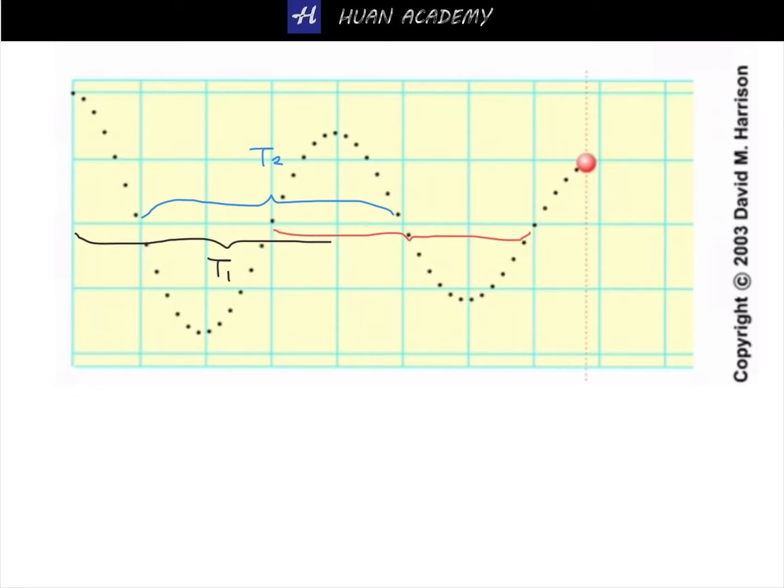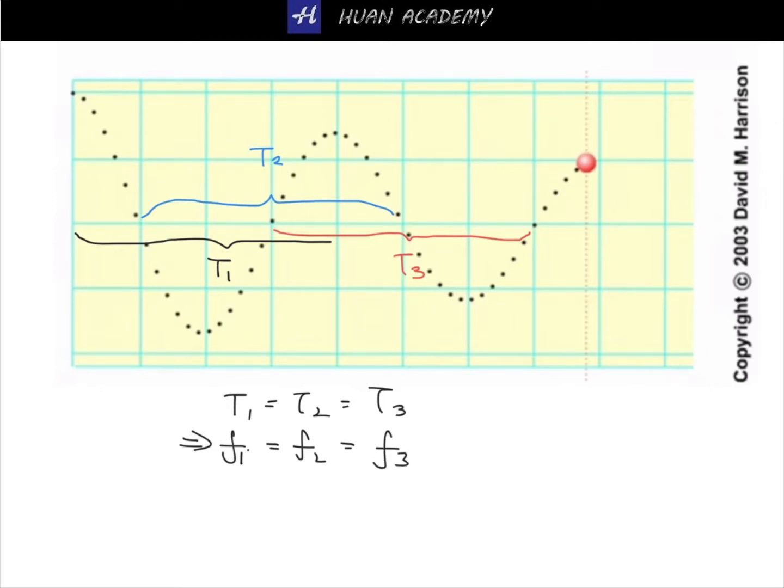Let me name this as T3. And T3 takes 1, 2, 3 and 4 portions. So altogether again 4 equal portions. So meaning to say T1 equals T2 equals T3. If that is the case, F1 equals F2 equals F3.